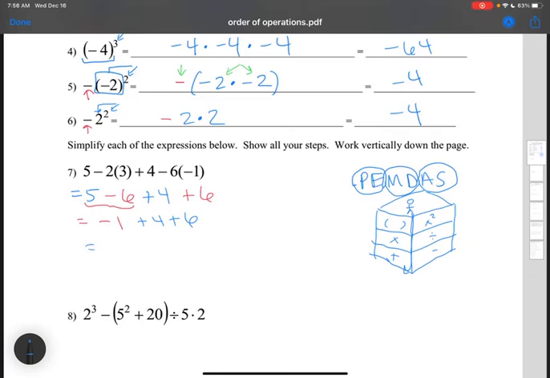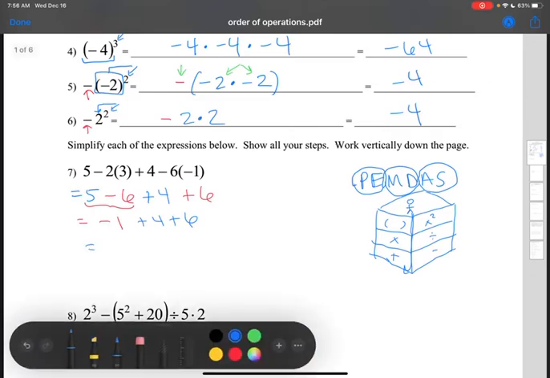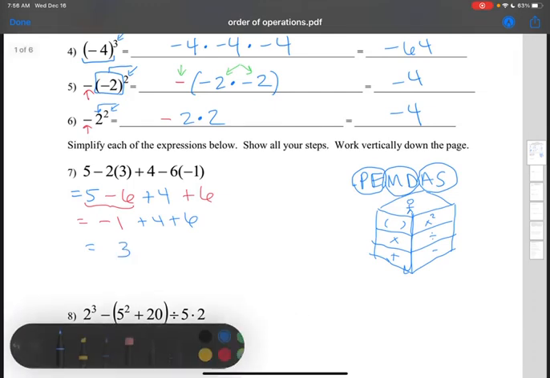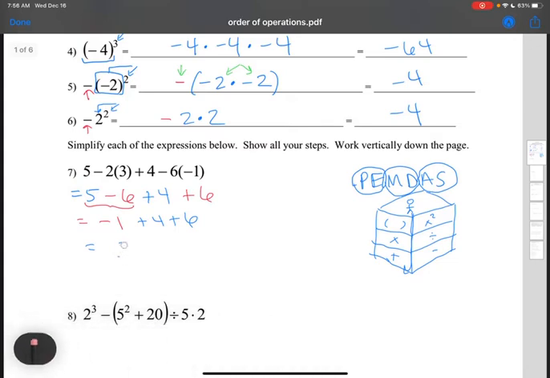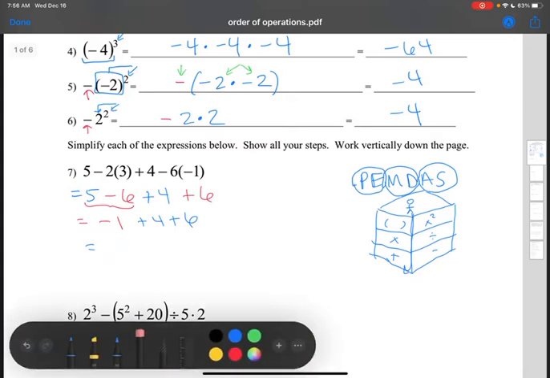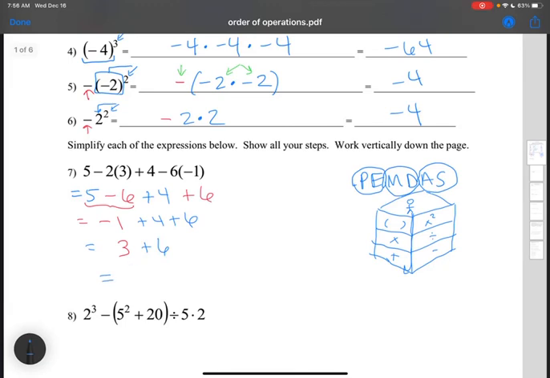Equals a -1 plus 4. That will give us 3. Three plus 6, we get 9.